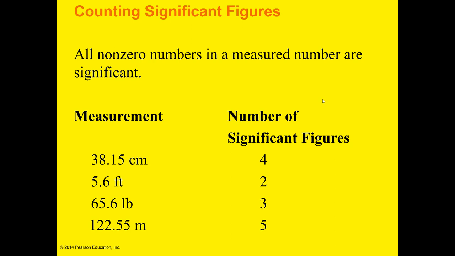These are easy because if the measurement is shown and they're all non-zero digits, it's just how many digits they have. This has 4, this has 2, this has 3, this has 5. We know they're measurements from the units, centimeter for length, feet for length, pounds for mass. Any number shown that's a non-zero digit is easy, it's significant.